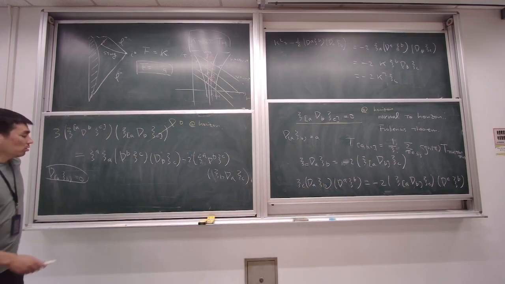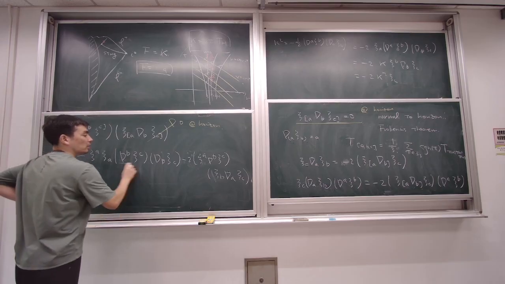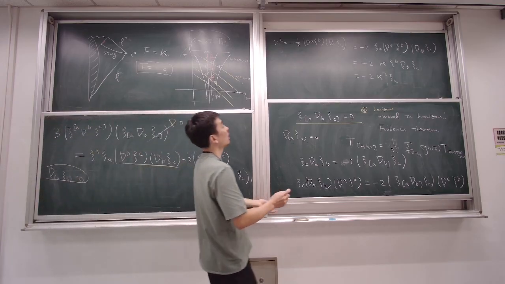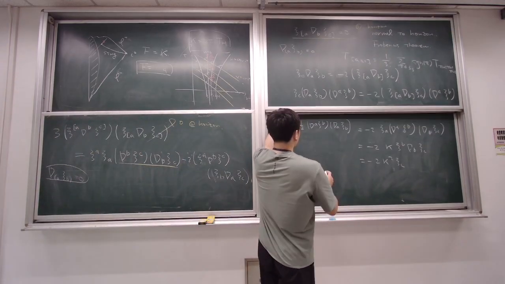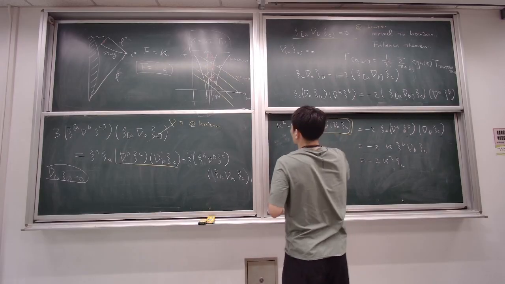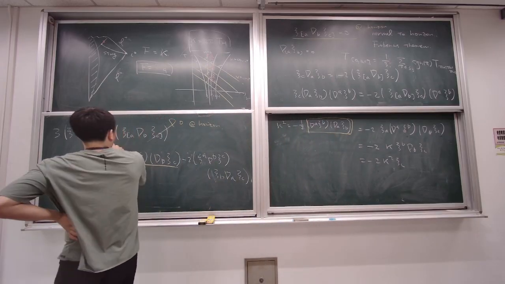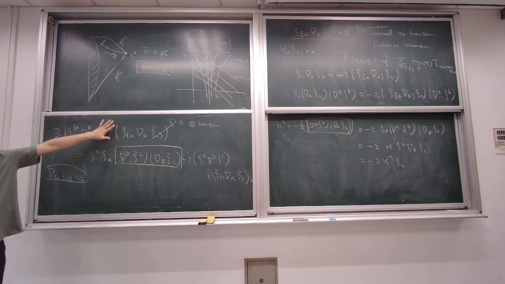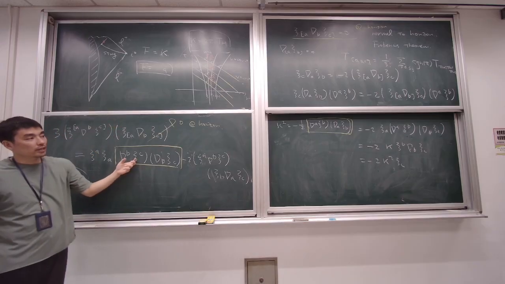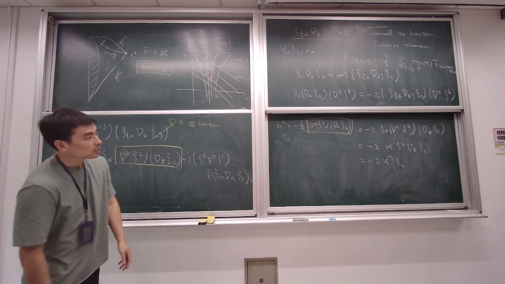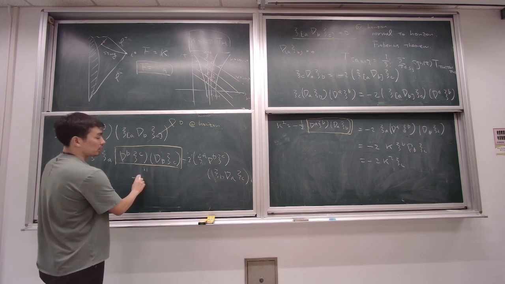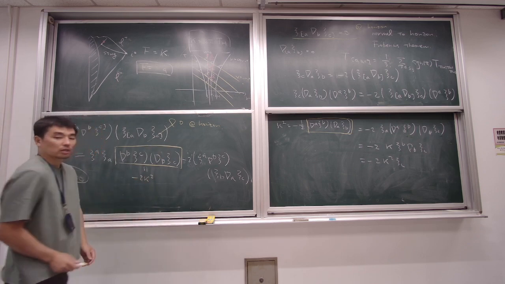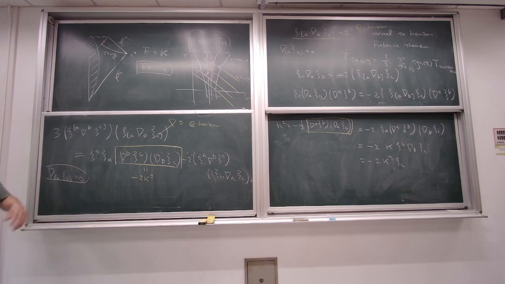So we already noticed that this part is the same as this part. The left-hand side is equal to 0 at the horizon, and this part is equal to minus 2 kappa squared. You just compare.